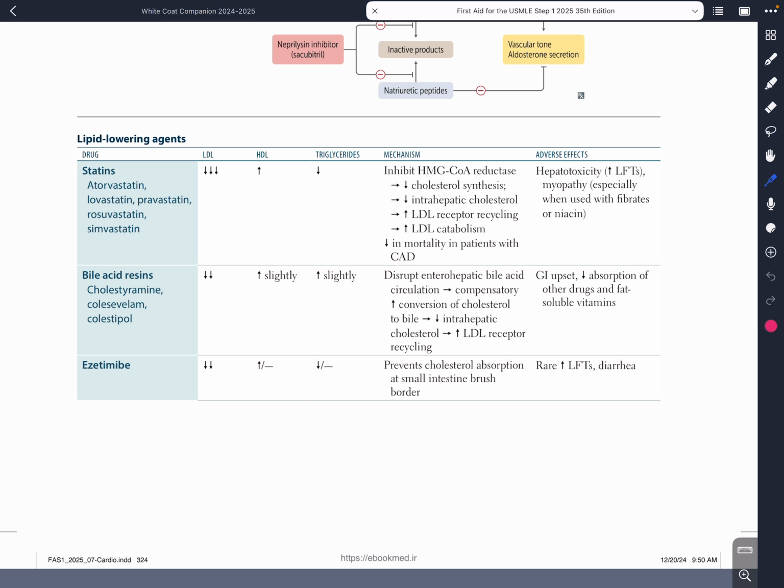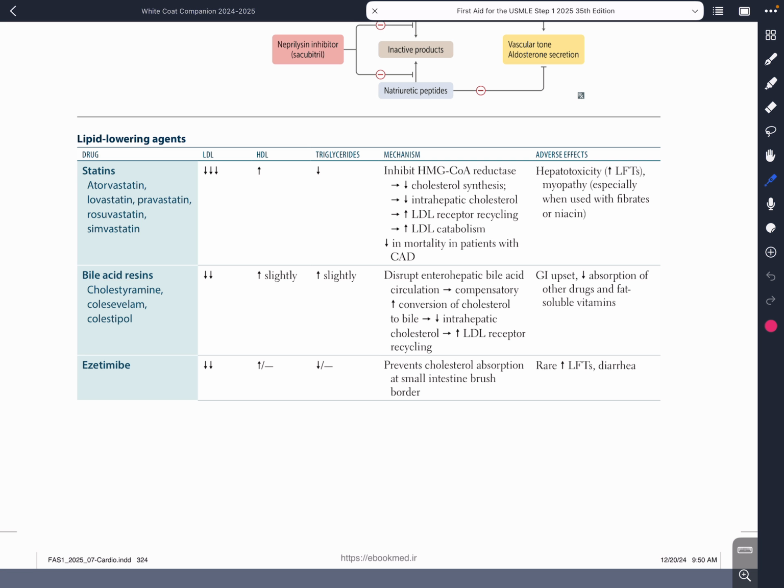Next, the lipid lowering agent is bile acid resins, which is cholestyramine. These medications decrease LDL and slightly increase HDL and triglycerides.